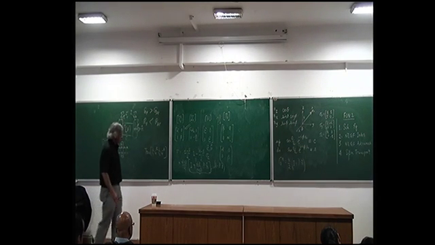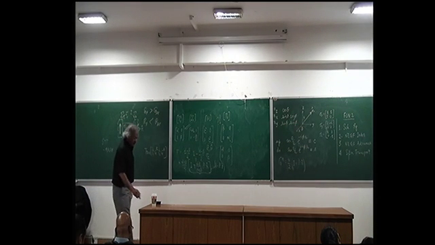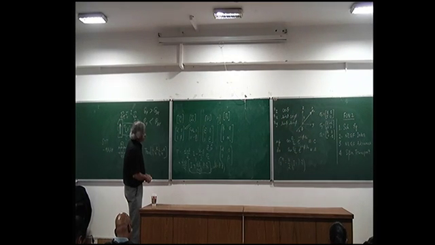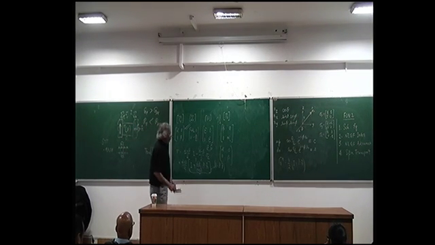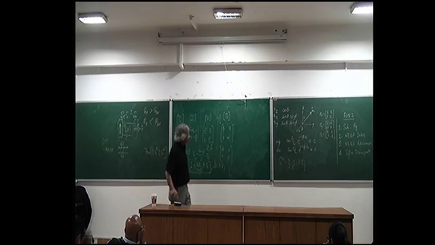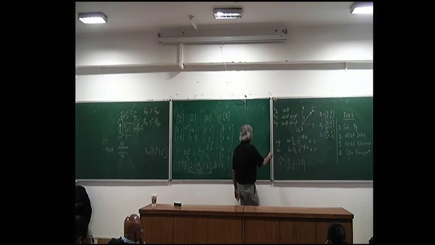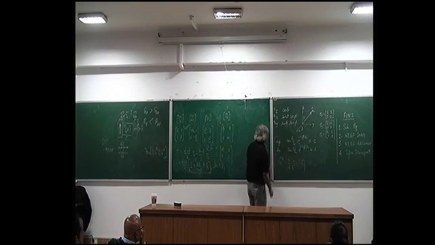Now, how do you justify this? Well, there are various ways of doing this. One way you can see is, if you accept this, then it will follow in a relatively straightforward way.